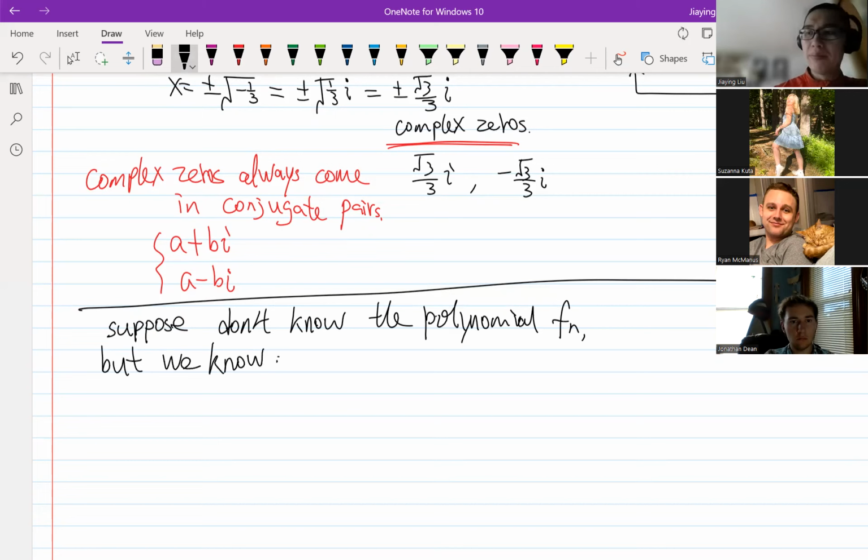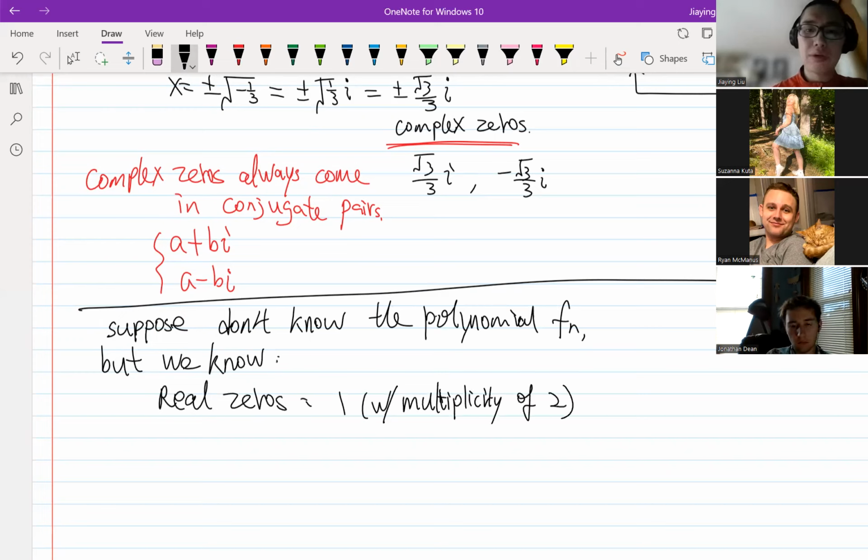The real zeros are 1 and negative 1/2, where 1 has a multiplicity of 2, and negative 1/2 has a multiplicity of 1.